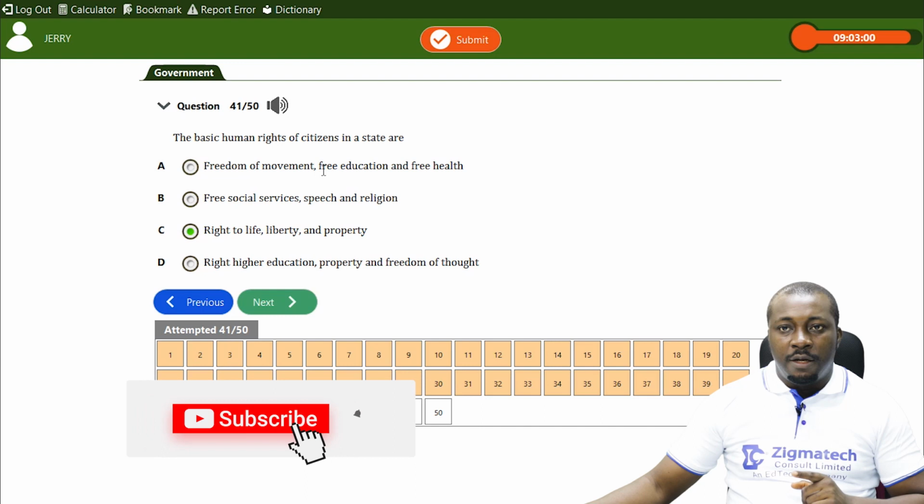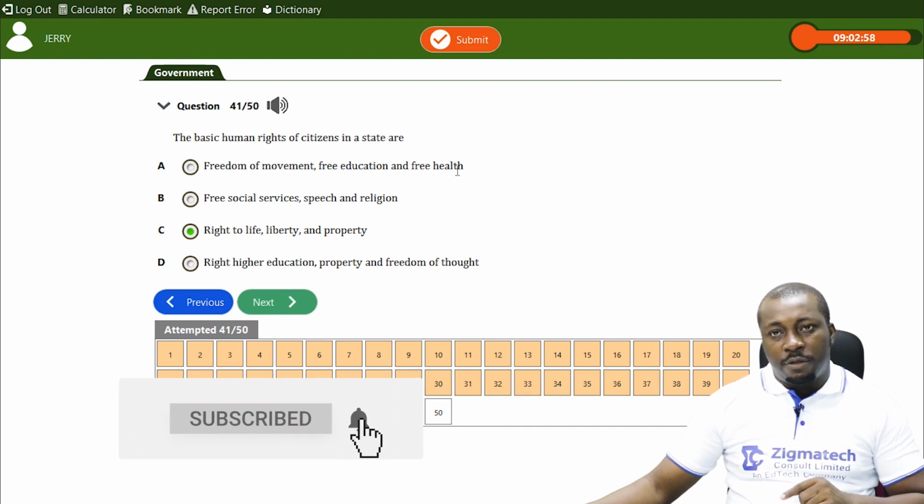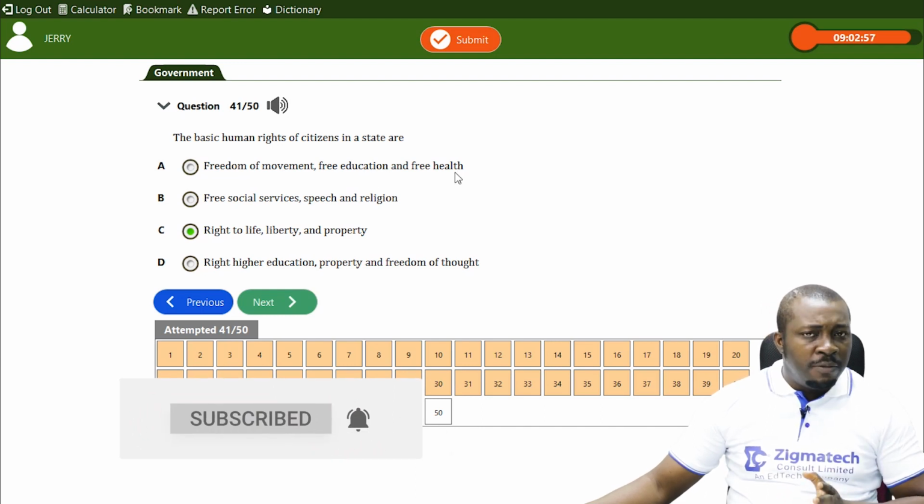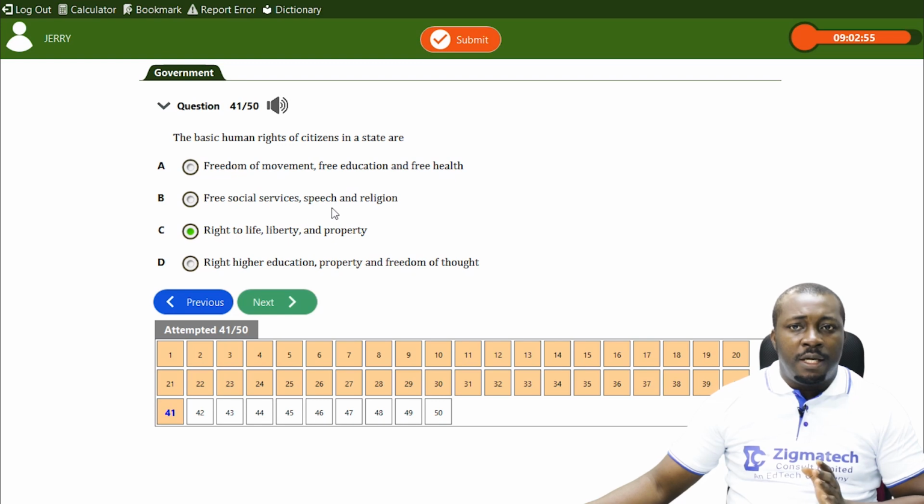In A, you see that free education, free health may not always be there. Then free social services in B may not always be there. At times, the government can only subsidize. D, right to higher education is your money that will take you to higher education, so it's not a basic right.